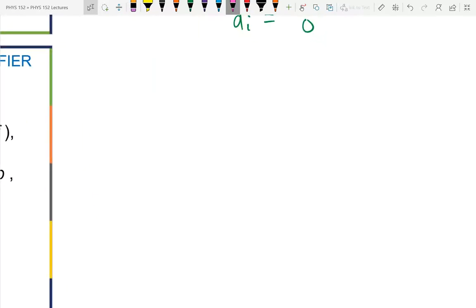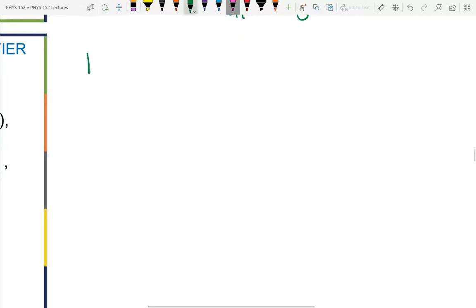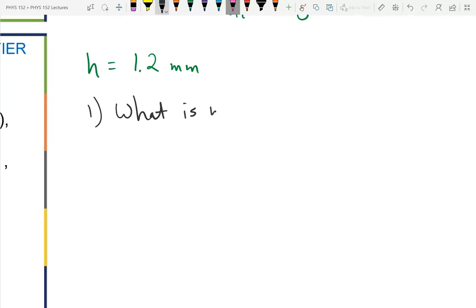Let's just take this, and I want to do a problem now. Let's say I have a small object that has a height equal to 1.2 millimeters, and I want to see the biggest angle possible. So question number 1: what's the maximum angle that I can see this with? The maximum angle where I can focus on it and see whatever detail my eye can see.